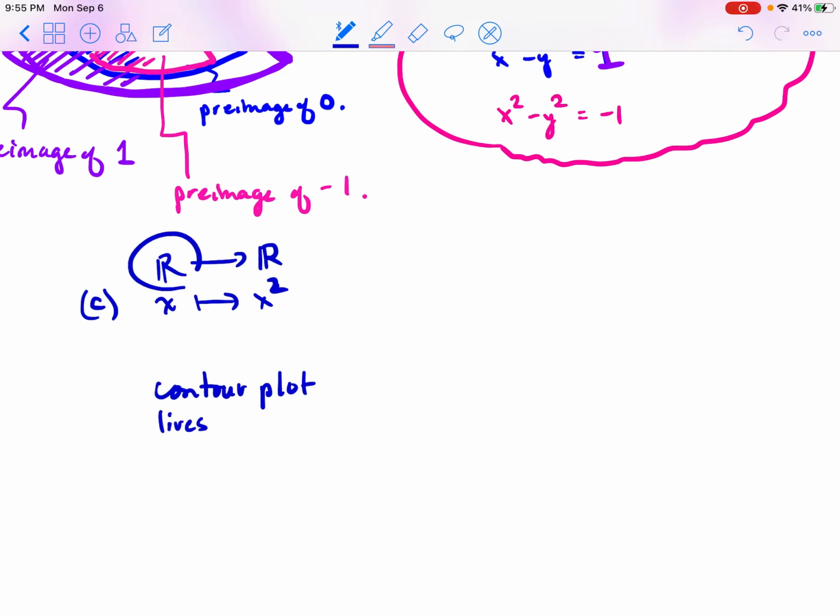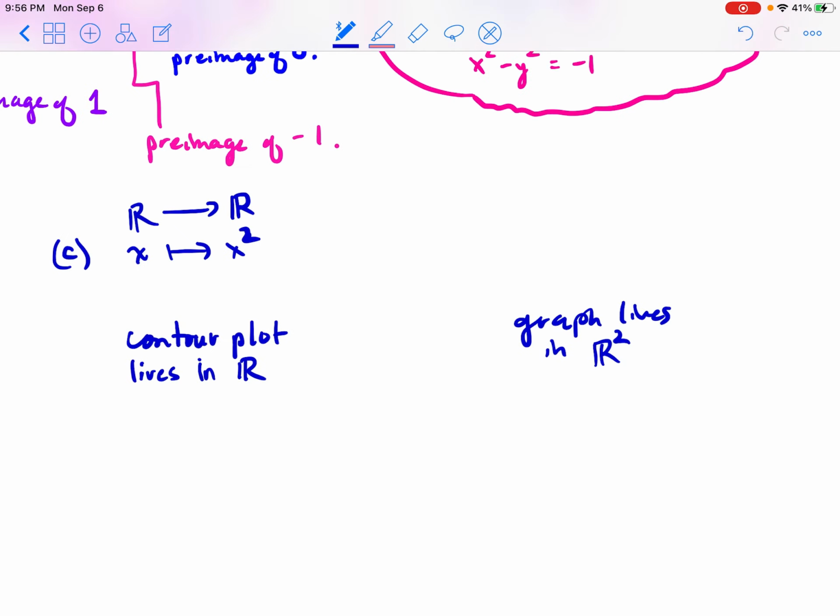But again, the contour plot here is always the input space, which lives in R. The graph lives in input cross output, which is 1 plus 1, so it will be in R2. So let's actually do the graph first in this case. So here's my x, here's my output, and the graph looks something like this.